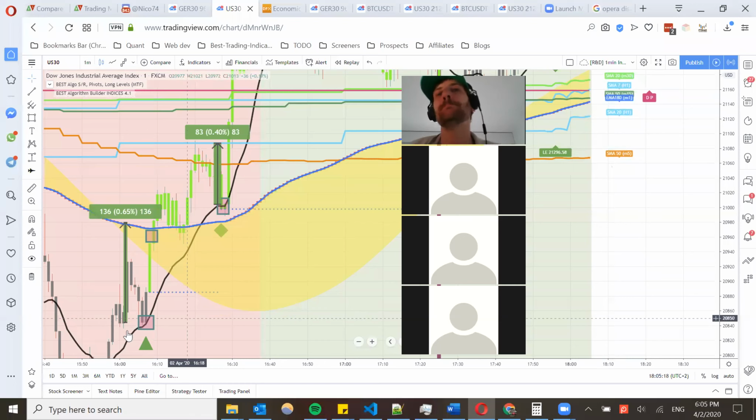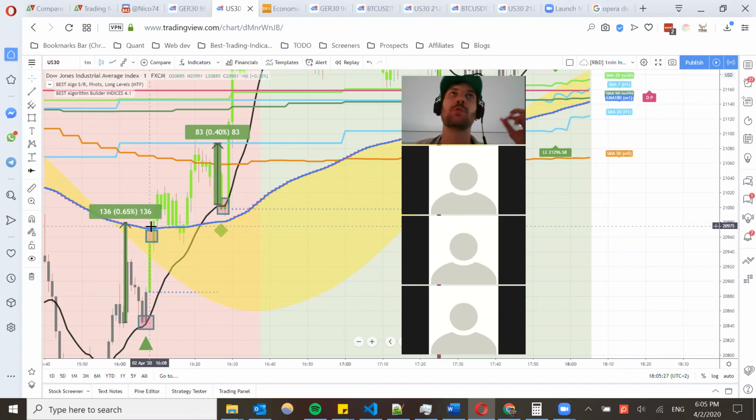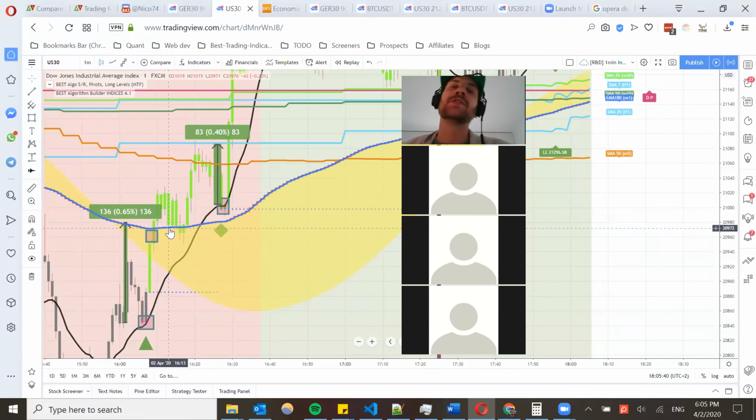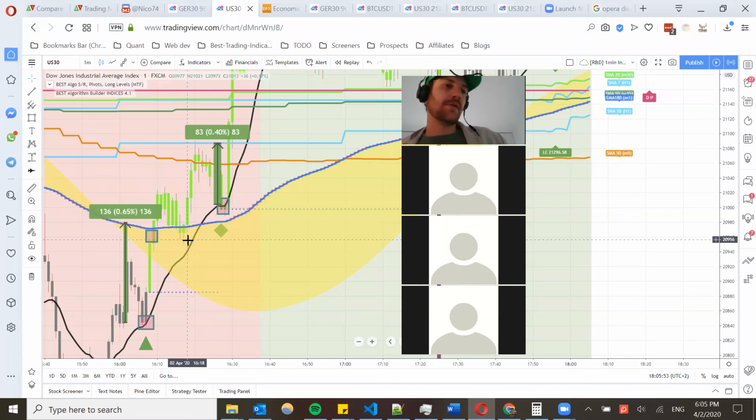No. That's a bit confusing because one of these cloud bands is also a moving average that we use as a support and resistance. So that's why my answer is to use only the support and resistance from the Best Algo support and resistance for your stop loss and take profit.